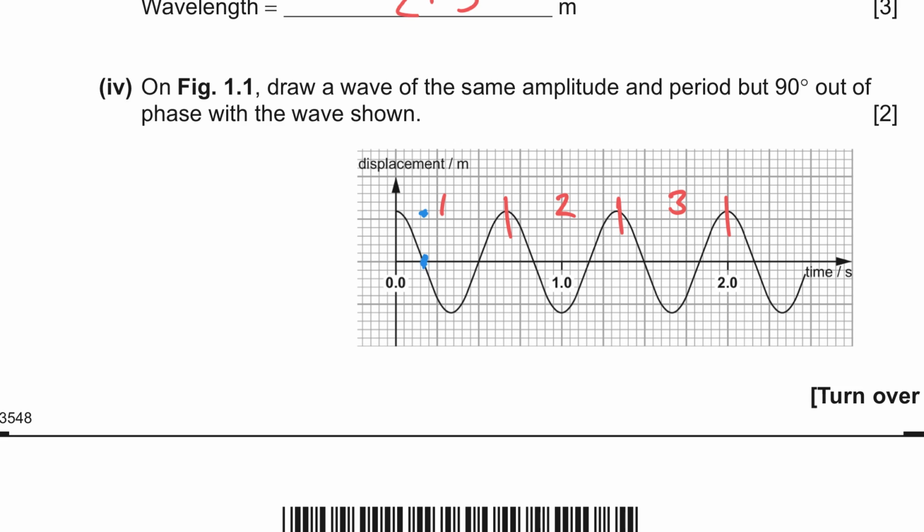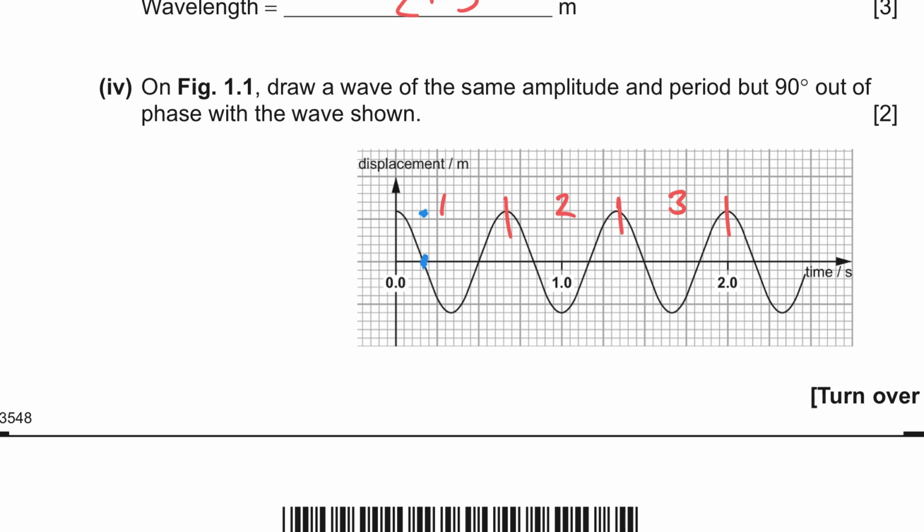And then by the time we reach the bottom here, we're going to draw a point here. And by the time we reach here, we'll have reached our lowest point here. So we're just effectively tracking this 90 degrees behind it.